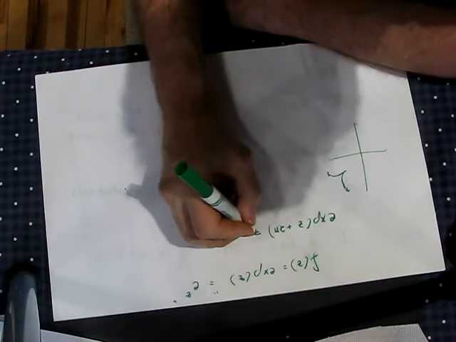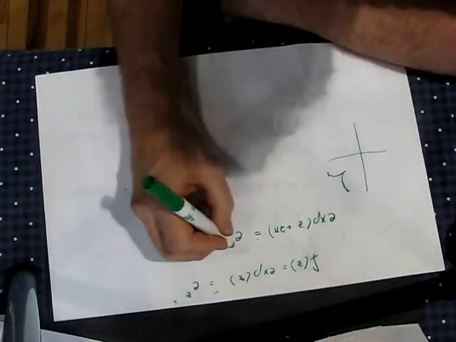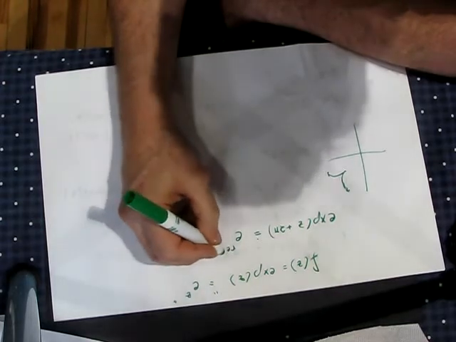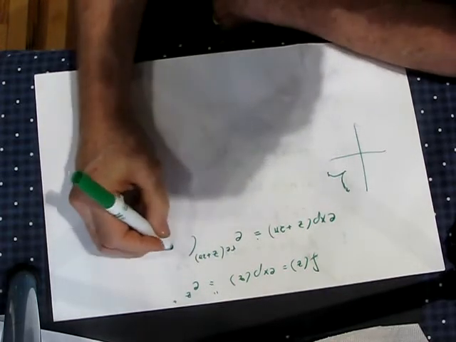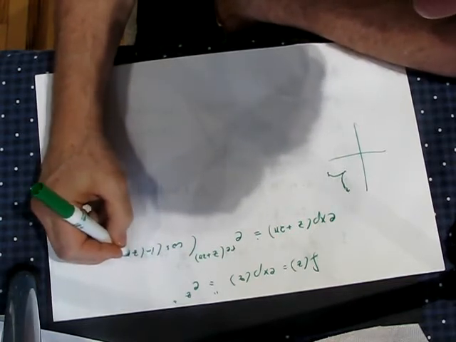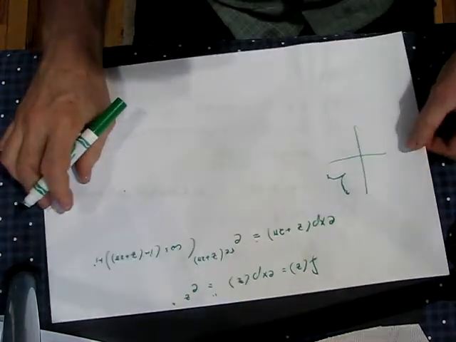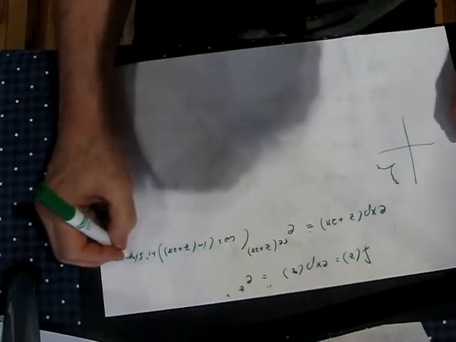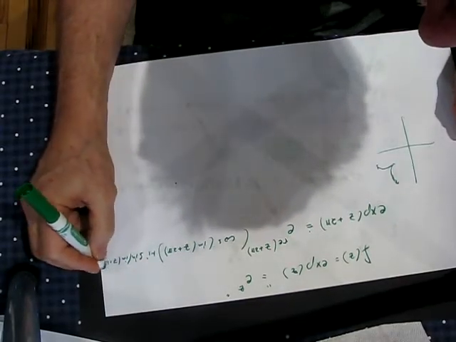So, by definition, exponential of z is going to be e to the real part of z plus 2 pi times the cosine of the imaginary part of z plus 2 pi plus i times the sine of the imaginary part of z plus 2 pi.